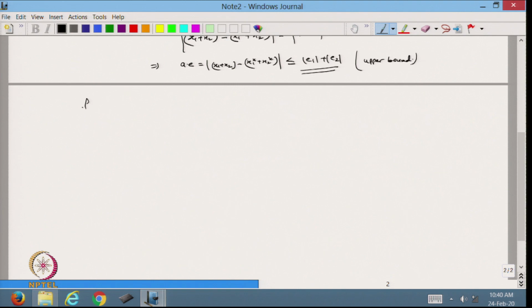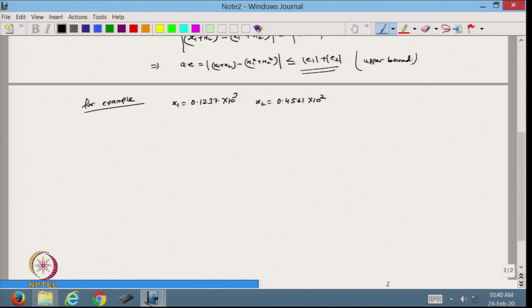So for example, I take a number x1 equal to 0.1237 into 10 to the power 3. Another number, x2, is equal to 0.4561 into 10 to the power 2.